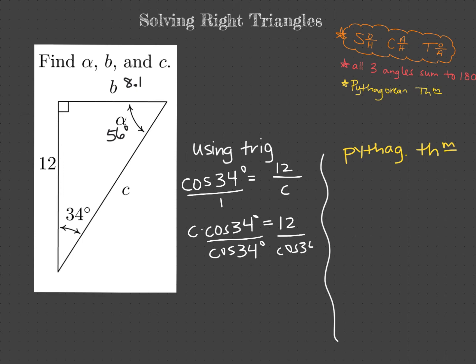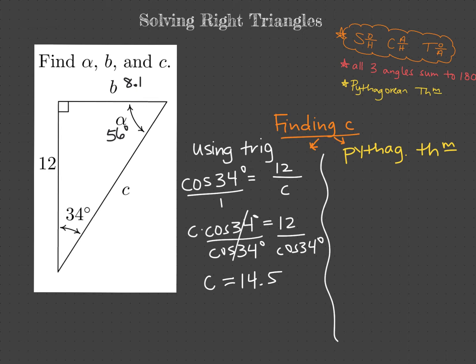And that is exactly what we put in our calculator. So C equals 12 divided by the cosine of 34. Let's see what we get. We end up getting 14.474615... Rounding to the nearest tenth, which is what we've been doing, we'll get 14.5.